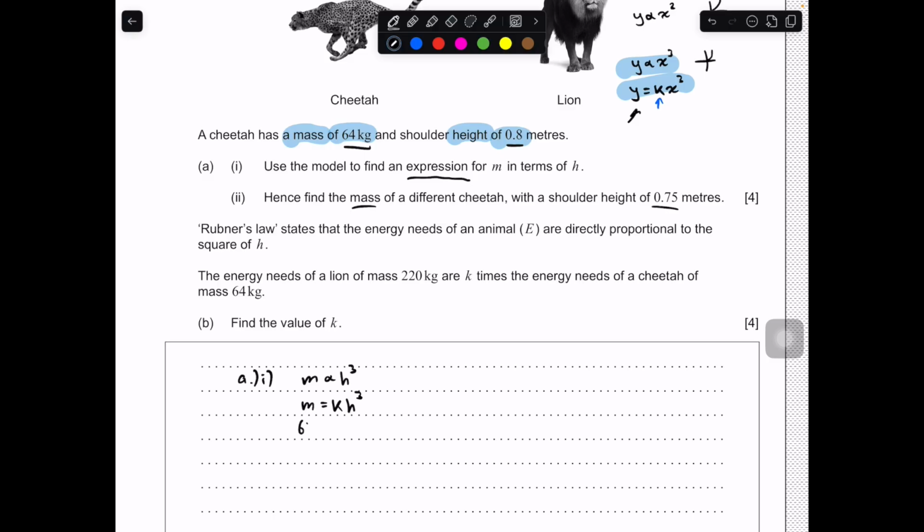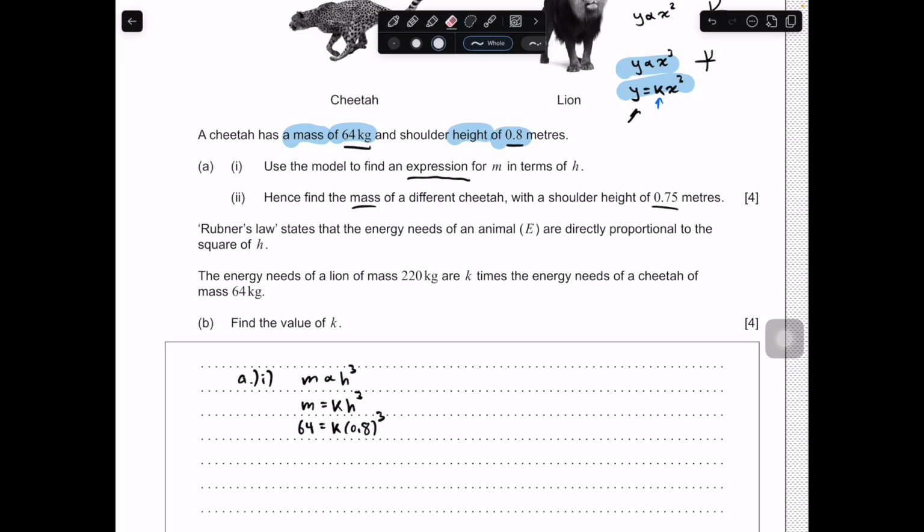When a cheetah is 64 kilograms, its height is equal to 0.8 meters. So we want to take mass of 64, h of 0.8, and sub these values into our m is equal to kh cubed, and then we can find the value of k. We can solve this, or just take 64 and divide it by 0.8 cubed.